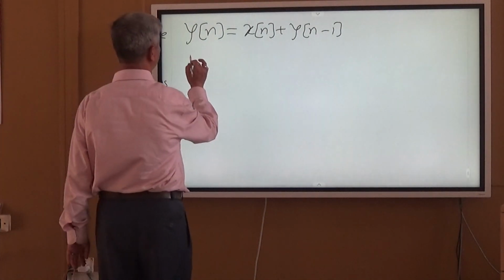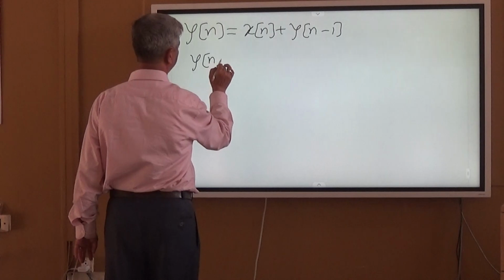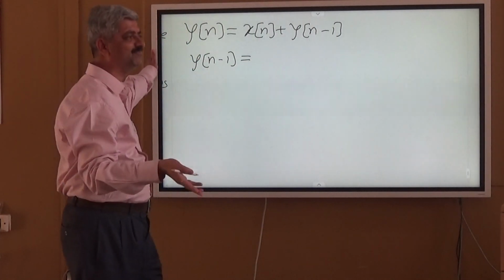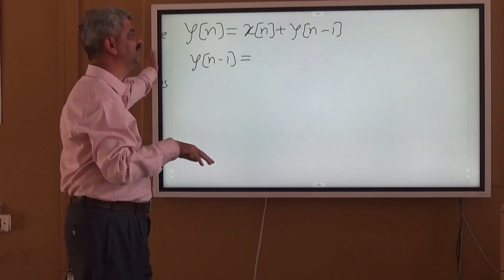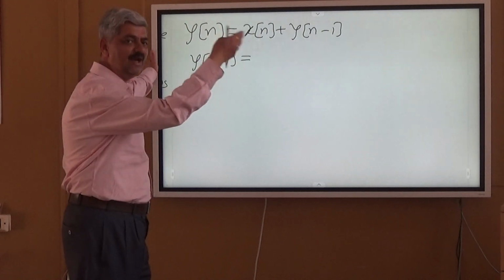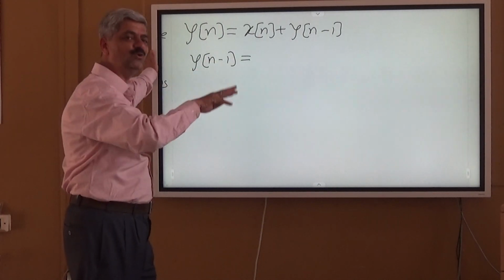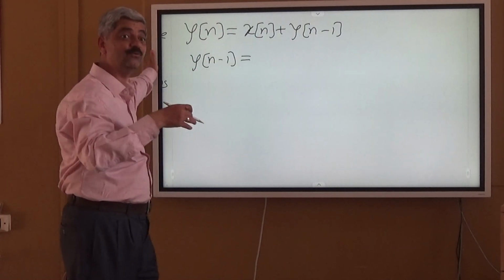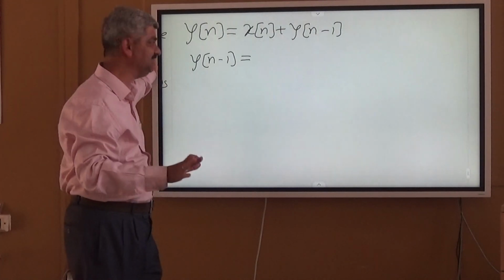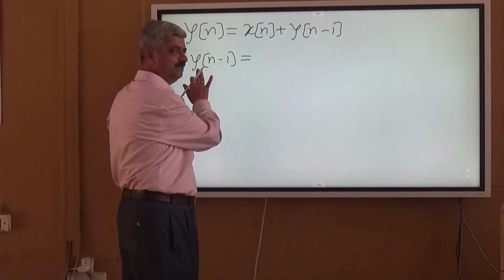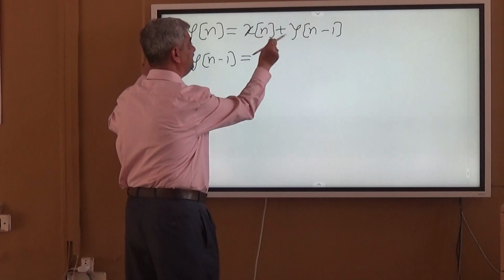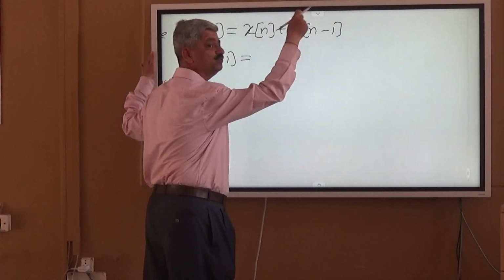So what is yn minus 1, by the way? You can put n minus 1 equal to m, then ym would be xm plus a ym minus 1, then again put m equal to n minus 1. If you are very classical, then you can do that, but by common sense everybody understands yn minus 1, by applying the same logic, is y something equal to x something plus a times y something minus 1.